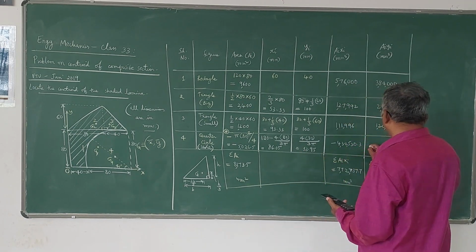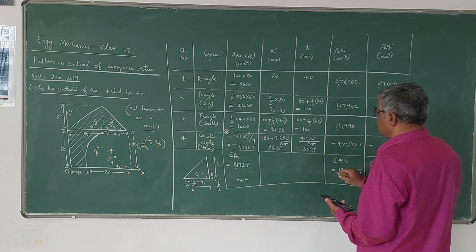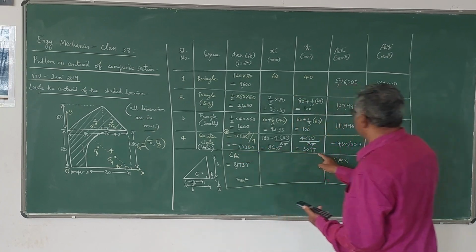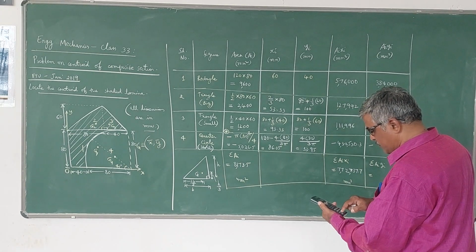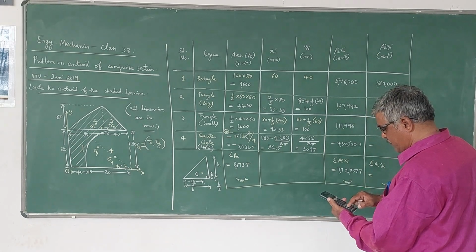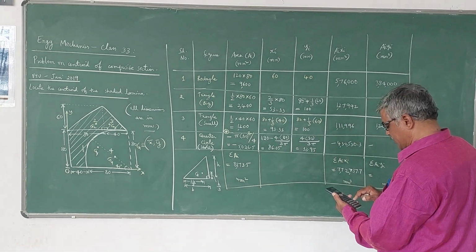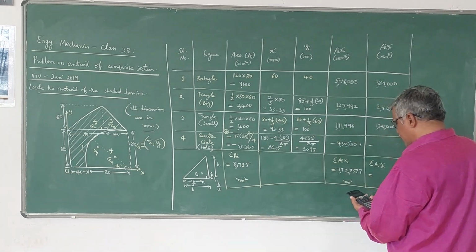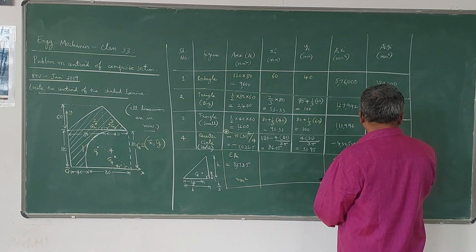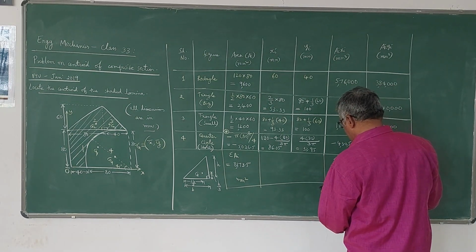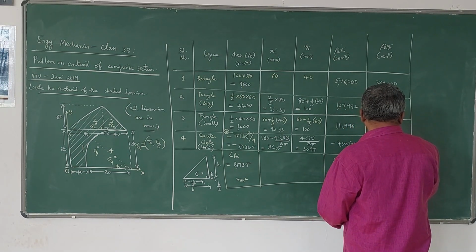Next you have negative value here, because A is negative, AIYI is also negative. 5026.5 multiplied by 33.95. So negative 170,649.7.